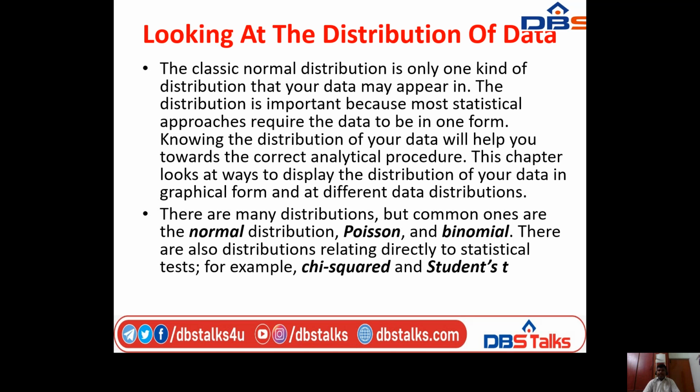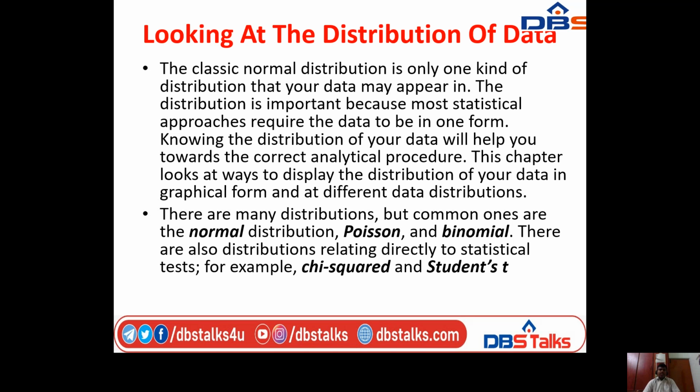Knowing the distribution of your data will help you towards the correct analysis procedure. What type of data there is and how it is distributed can be easily analyzed. Statisticians can easily analyze if they know how the data is distributed.